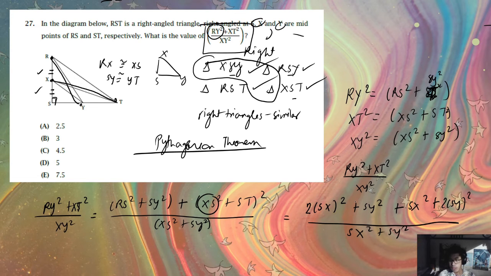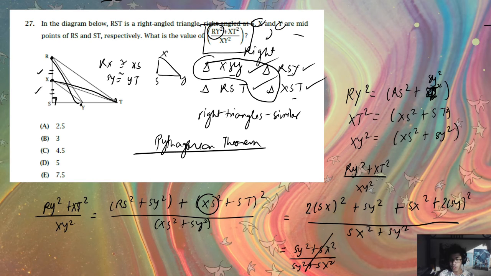Now, what we can do for this problem is simplify this. That would give us essentially this value over here: SY squared plus SX squared all over SY squared plus SX squared.